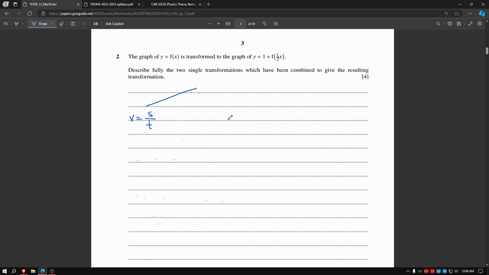Velocity can change, right? Why would that change? So if you move from line A to line B, and let's just say from this point to this point, you went at a very high velocity, say 10 meters per second. This is velocity. And from this point to this point, you went 5 meters per second. And from this point to this point, you went 2 meters per second, right?